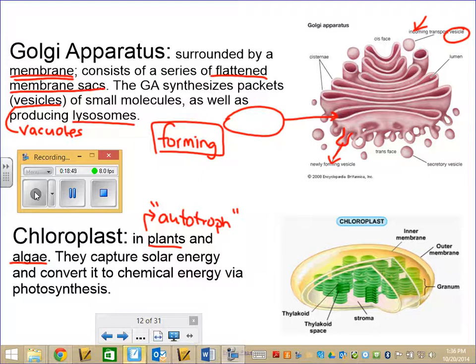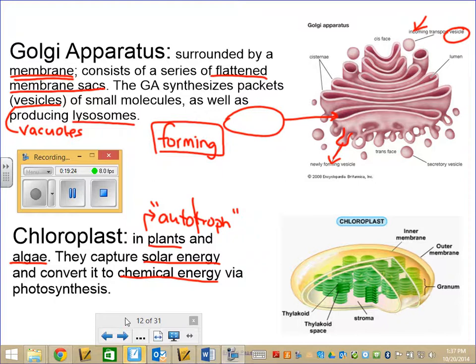If I look at the word, auto, like the word automatic, means on your own, and troph is referring to your spot in the food chain and how you acquire food. So plants and algae have these. Anything that does not make its own food does not have a chloroplast. They capture solar energy and they convert it to chemical energy via the process of photosynthesis.